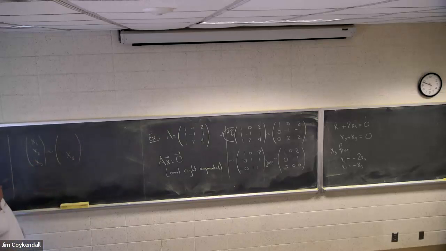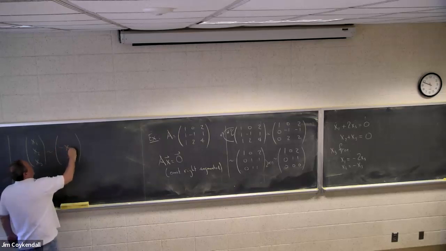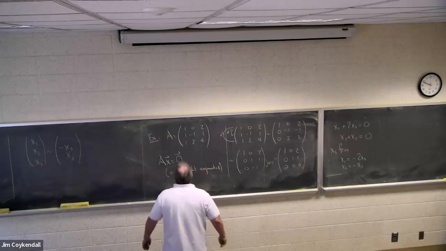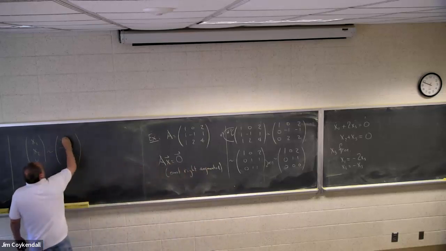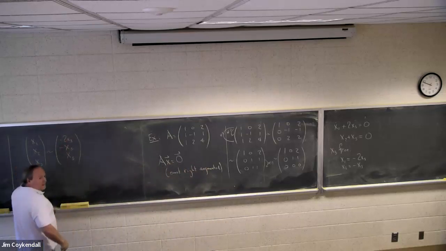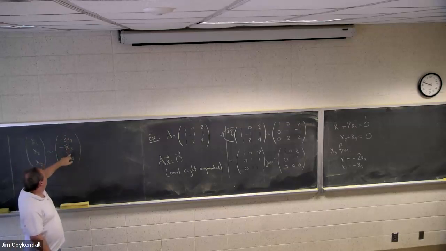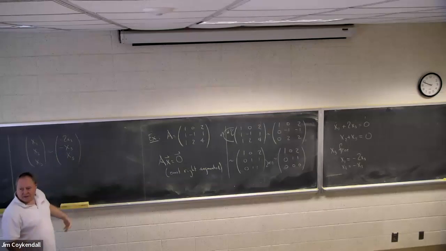And x2 is now minus x3. And x1 is minus 2x3. Everybody okay with me? Now notice x3 can be pulled out of this vector.